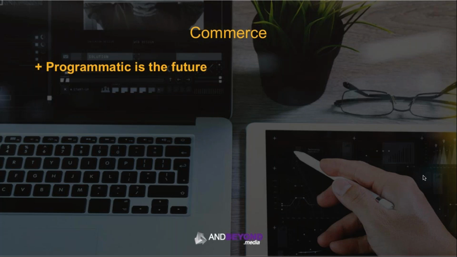That same user needs to be spoken to, delivered an ad, or monetized across screen, across device, and across platform. So it's very important that, if people are not already doing programmatic, they should look at moving forward with it.